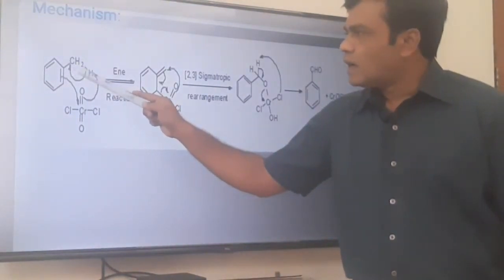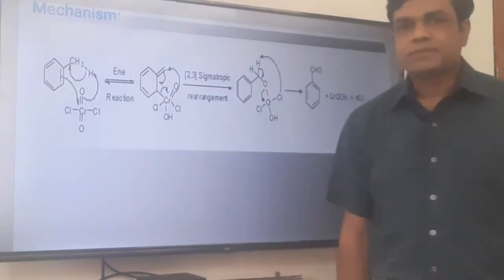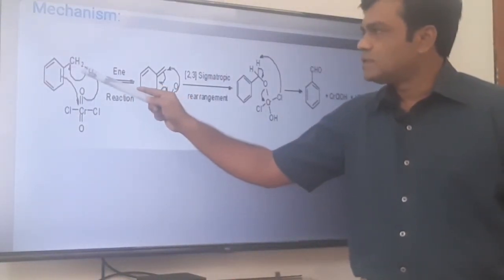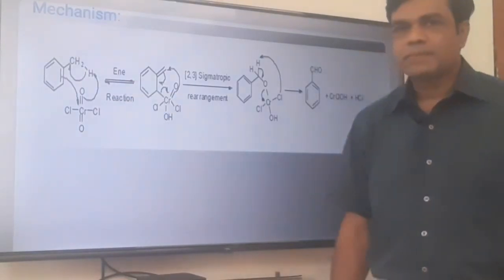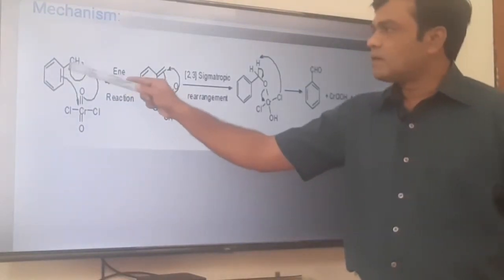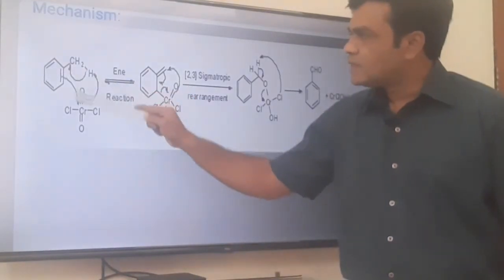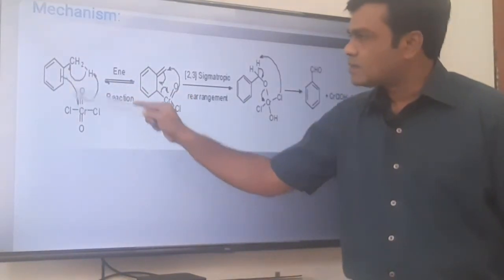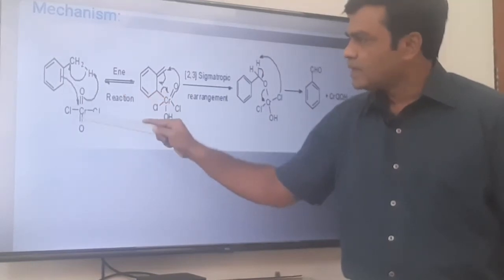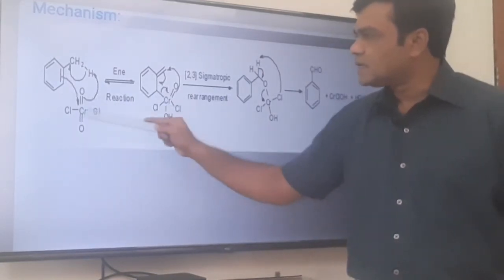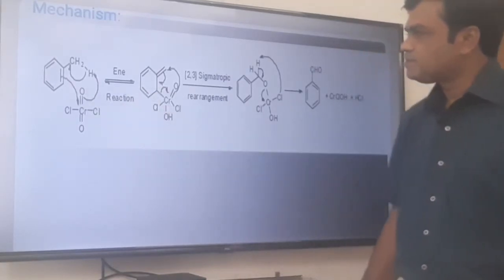This carbon-hydrogen bond cleavage takes place. In the CH3 group, this is carbon, this is hydrogen. This bonded pair of electrons is shifted here, so now a carbon-carbon double bond is there. At the same time, these pi bonded electrons open on this carbon, and a chromium-carbon bond formation takes place. You can see clearly the carbon-chromium bond formation.